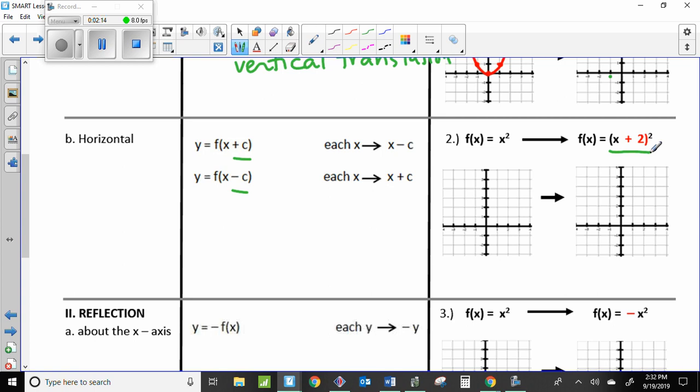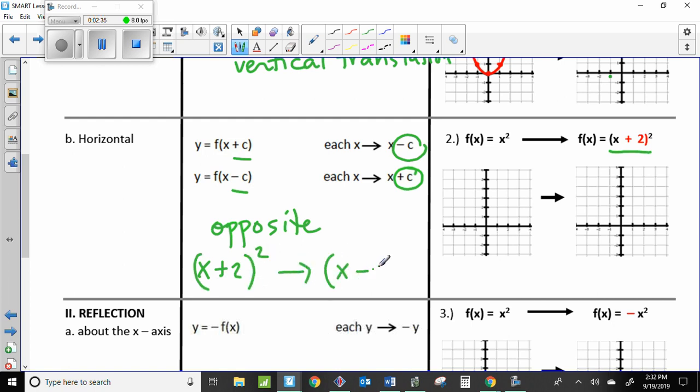It will have an effect on the x value, but the effect is always the opposite. So if something is added to your x, we always take the opposite of that value. So if I have (x + 2) squared, the effect of that would be x minus 2. You're subtracting 2 from your x values.